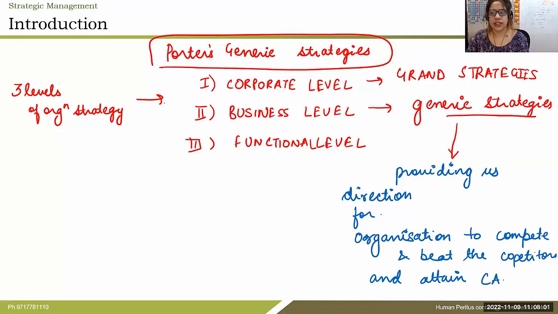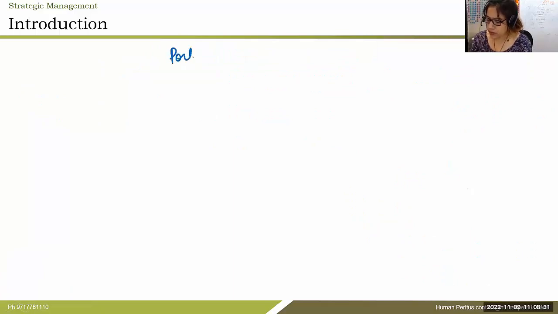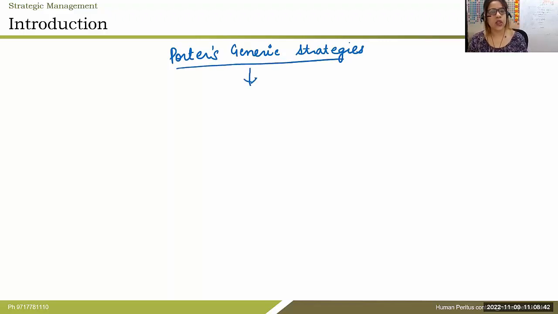So from these generic strategies, the one that we are going to study is Porter's generic strategies. Generic strategies are those strategies which provide us direction, as in how do we need to compete? What strategy can we apply to compete? So that we are going to study through Porter's generic strategies, right? Now, Porter's generic strategies will tell us how we gain the competitive advantage.